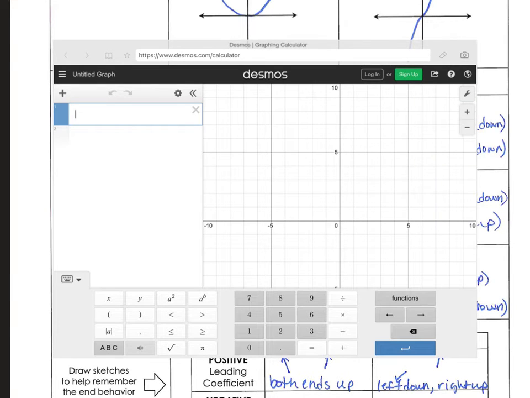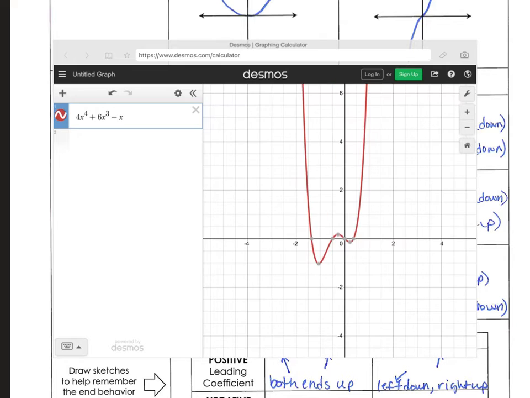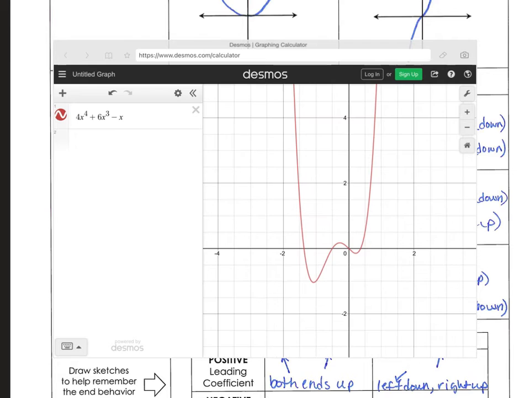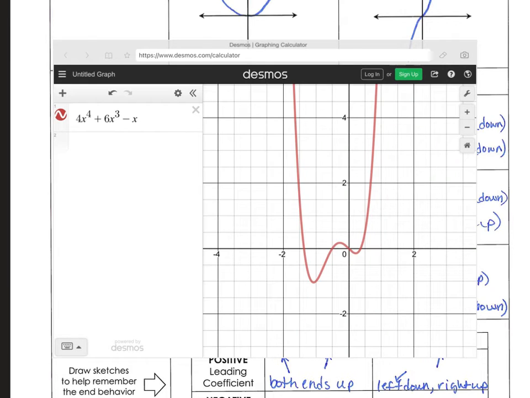All right, so my first function is f of x equals 4x to the 4th plus 6x to the 3rd minus x. And on Desmos, you don't have to enter the f of x equals every time. There are some reasons why you should, but in the interest of speed, I'm not going to do that today.